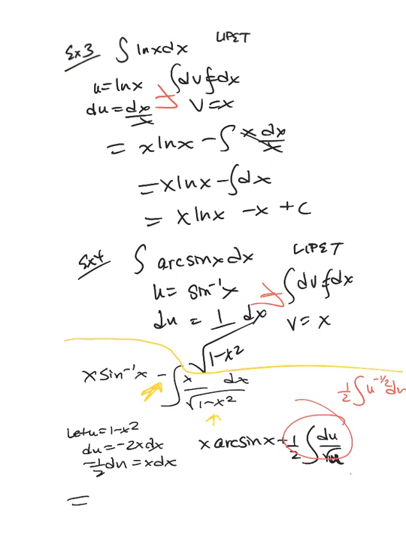So my final answer is x arc sine x, I'm going to put my u back in, plus u to the 1/2 like I told you. But u to the 1/2, my u is 1 minus x squared. Okay, guys, that's your entire answer. So continue with the next problem.